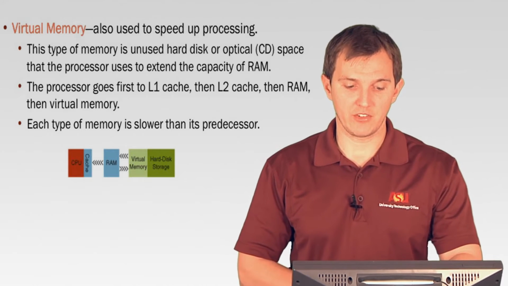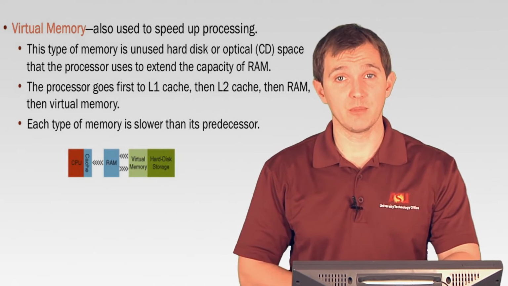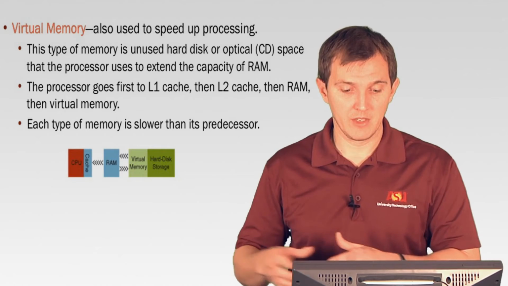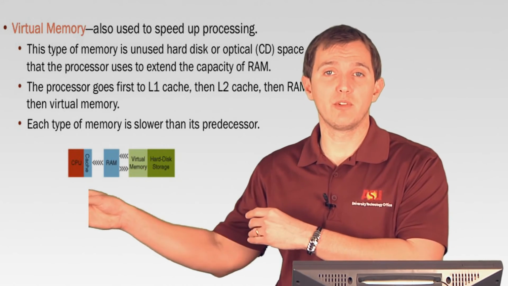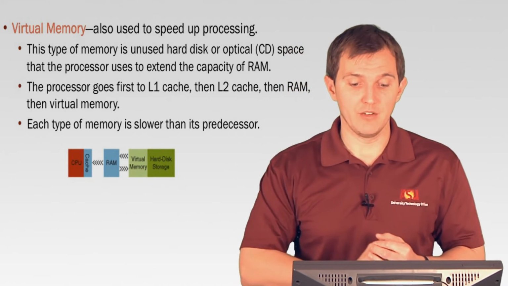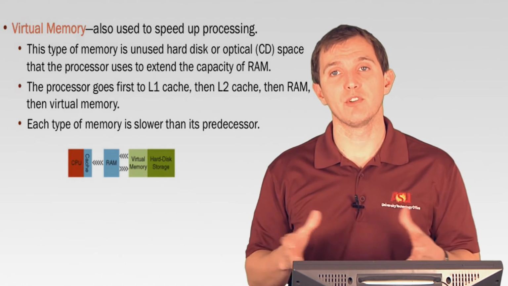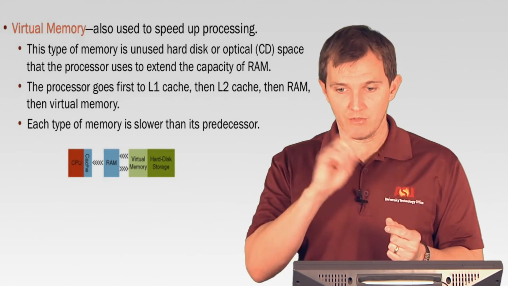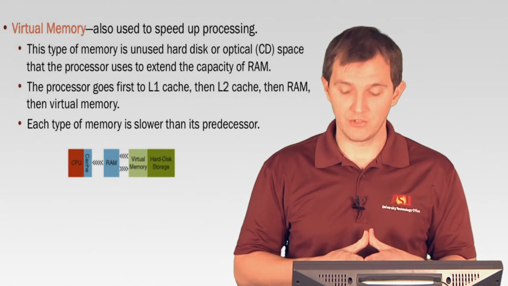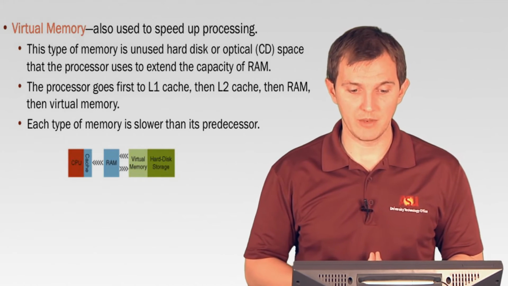So the CPU is fastest, and if you can write to the cache, that would be even faster because it's right there. But if it has to write to RAM, it's a little bit further, and then it has to go back and get it. Virtual memory is even further, and then the hard drive is the furthest by far because it has to find the data on the spinning platters and then retrieve it, save it, whatnot.